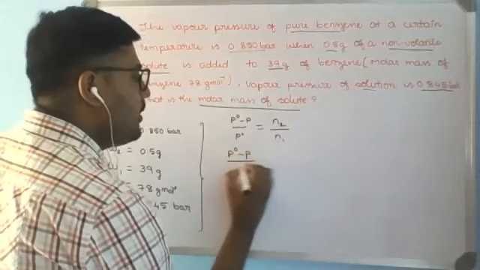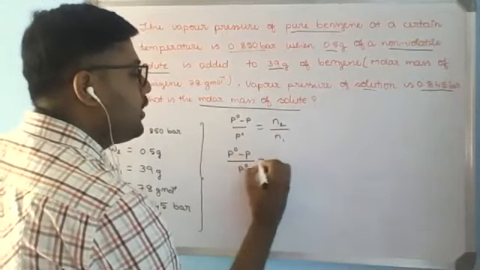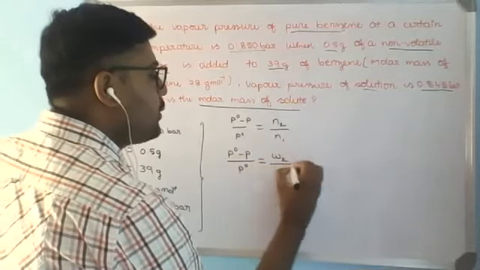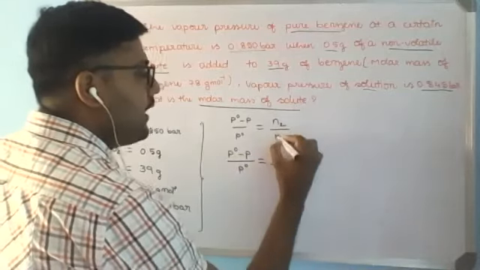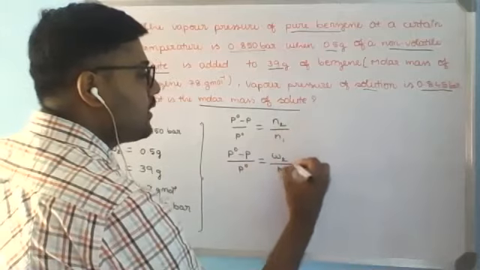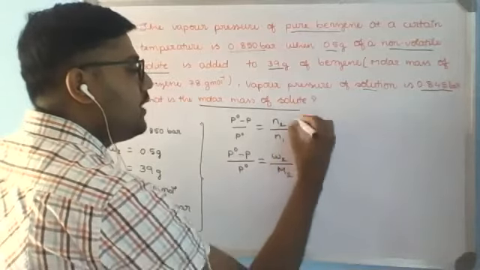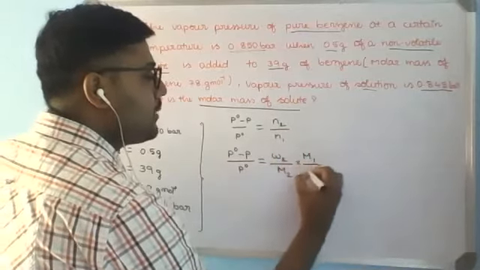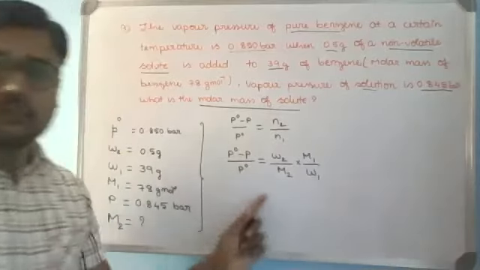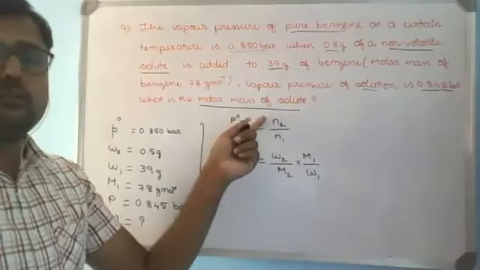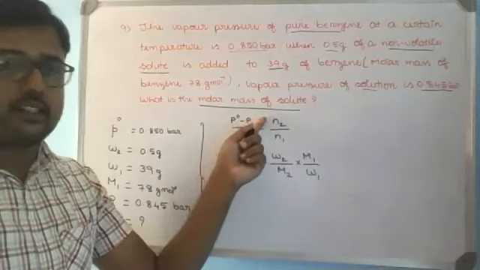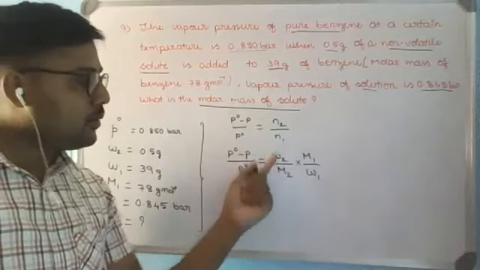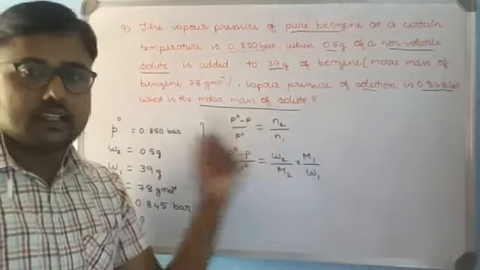That is, we'll rearrange that. P naught minus P divided by P naught is equal to W2 by M2, then N1 we consider in the denominator, which is W1 by M1. M1 goes to the numerator, divided by W1. So this is by taking the definition of number of moles for the corresponding substances: N2 is W2 by M2, N1 is W1 by M1.